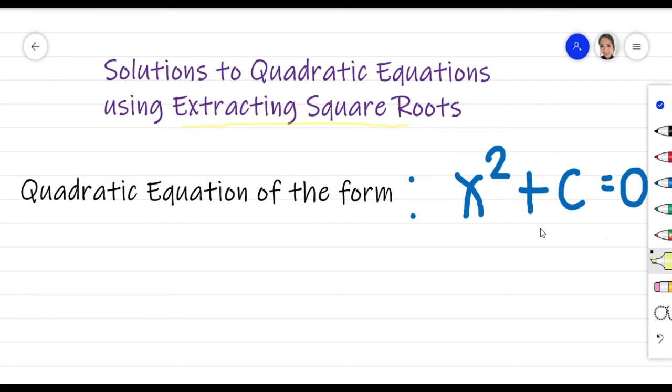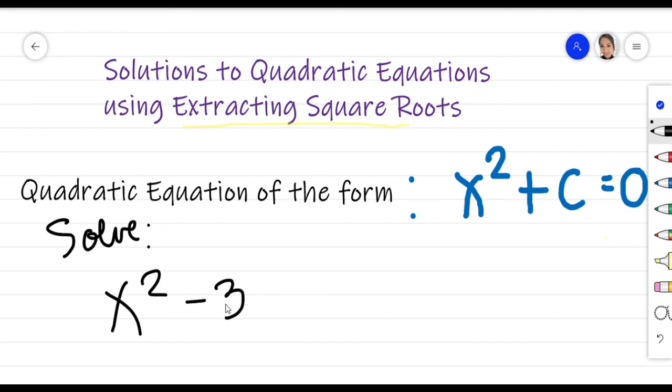So example, find the solution or solve. When we say solve, meaning you have to find the solutions for this quadratic equation. Solve x squared minus 36 equals 0.